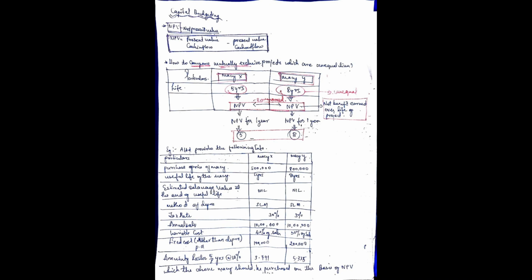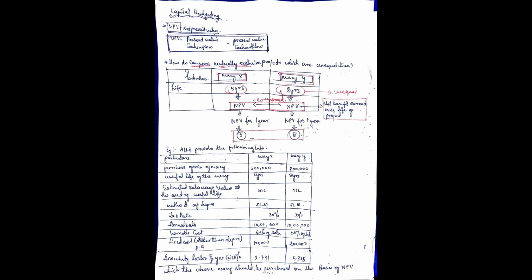For example, if machinery X has 5 years and machinery Y has 8 years, these are called uneven lives. So under that, machinery X's NPV is for 5 years, and for machinery Y it is 8 years.